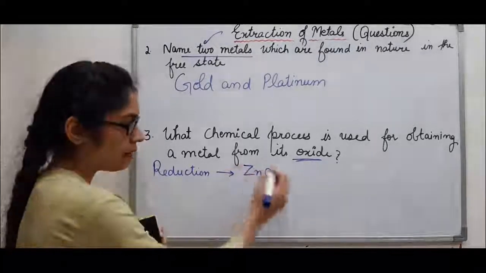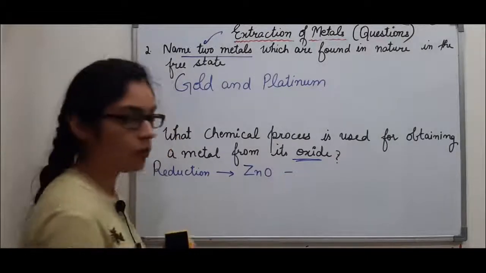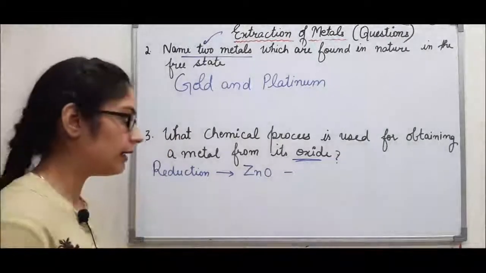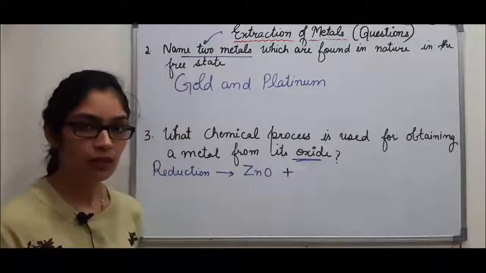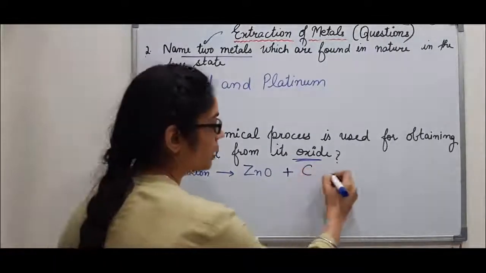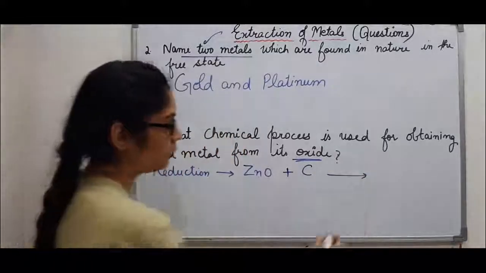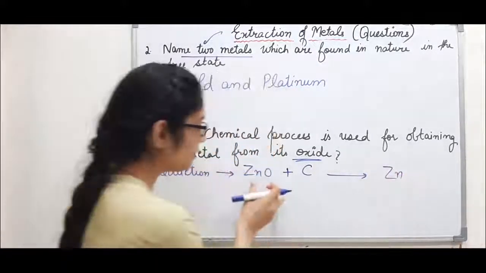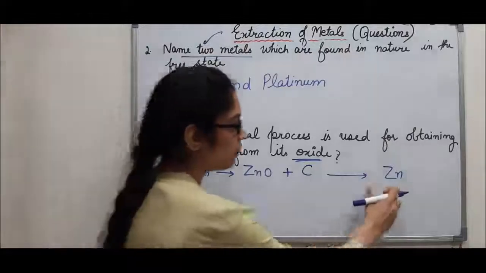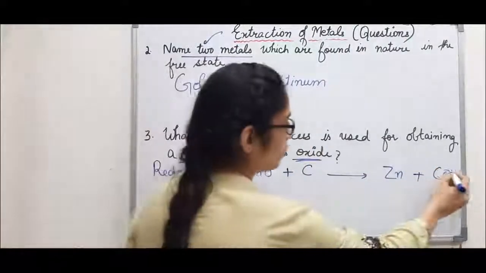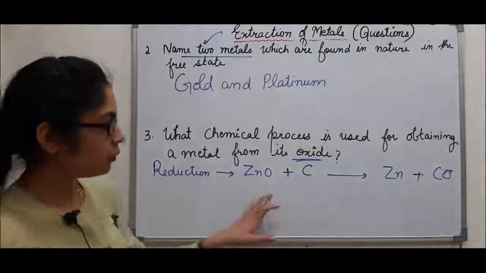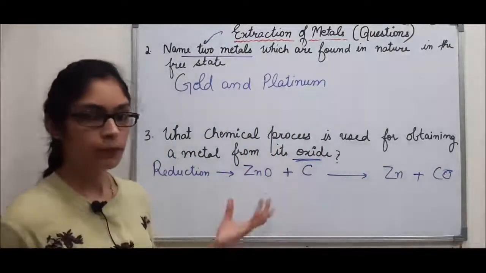This zinc oxide we are heating with the reducing agent carbon. Then the metal oxide is reduced to its metal, and we get carbon monoxide.